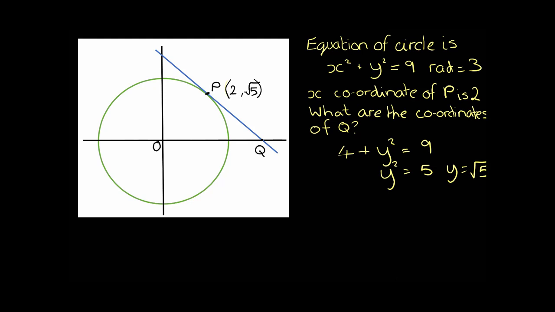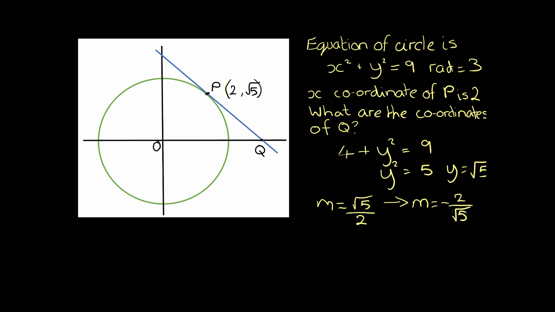So we can find the gradient. So the gradient of the radius is going to be change in y, which is root 5, over the change in x, which will be 2, which means that the gradient of our tangent is going to be flipped and negative. So it's minus 2 over root 5.